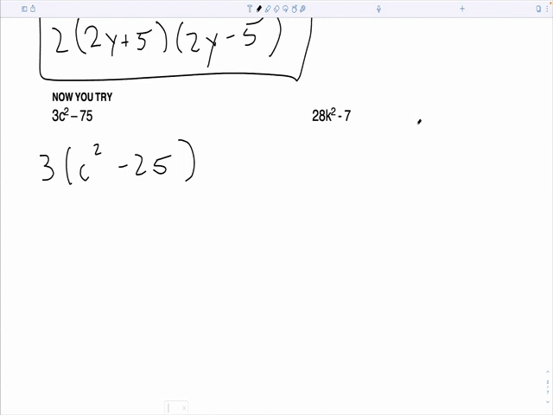Pencil down, don't move on. 3, 2, 1. Track the board. Maya, what's my first answer? Yep. Good. And second one, what do I factor out for the GCF?